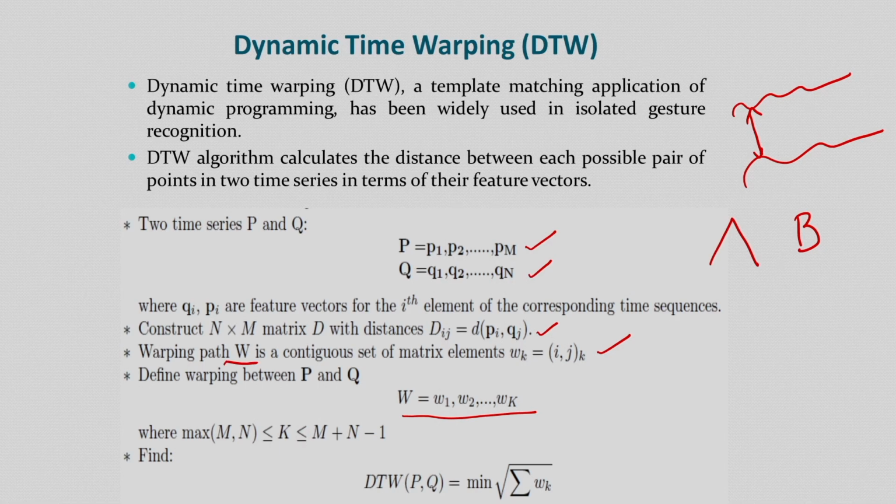For this I have to find the DTW between P and Q. In this expression you can see I am finding the DTW between P and Q, which is nothing but the minimum distance between the time series P and Q. Based on this I can find the similarity between the time series P and Q, and based on this I can recognize. The actual concept I am going to explain in my next slide.